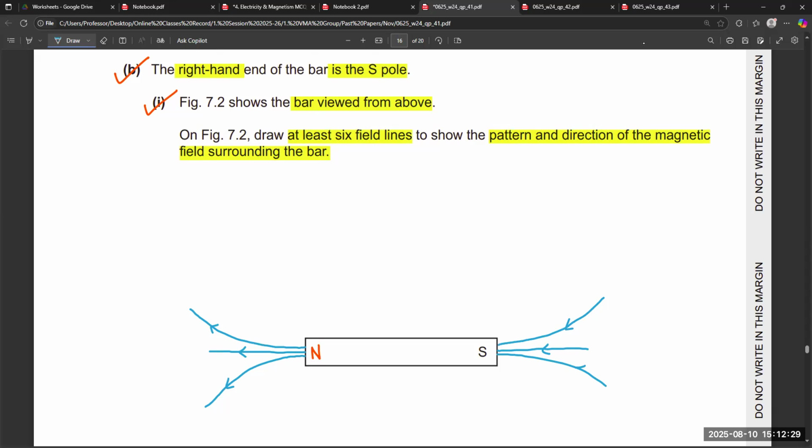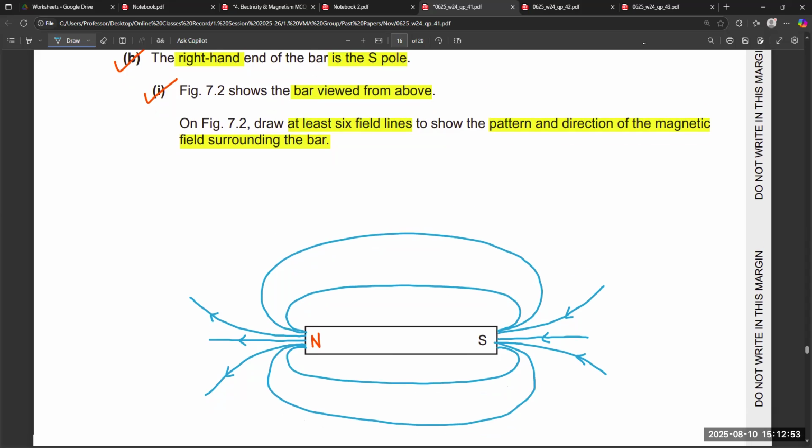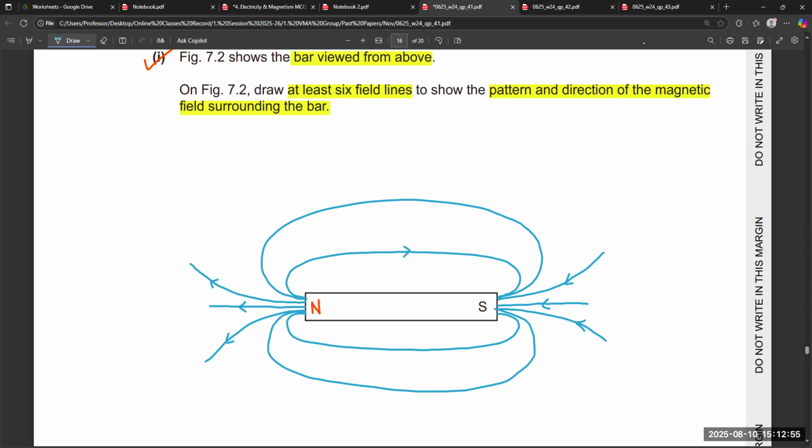Inward, inward. We also need to show the increasing gap between the field lines. So this is the pattern of the magnetic field lines around the magnet.